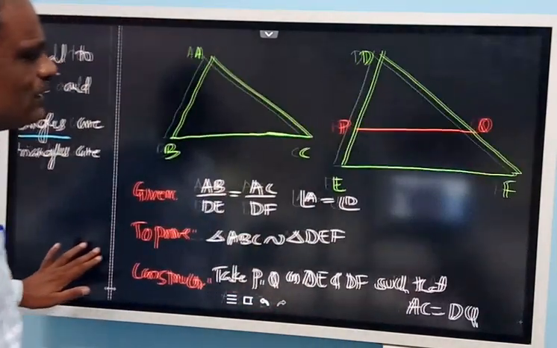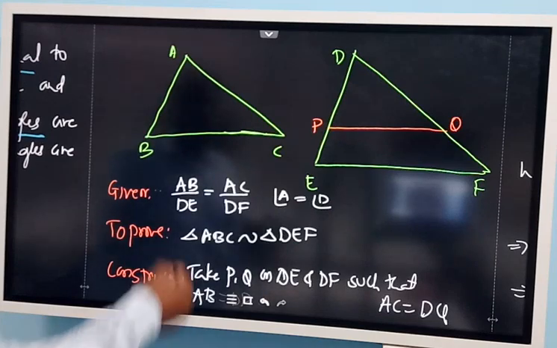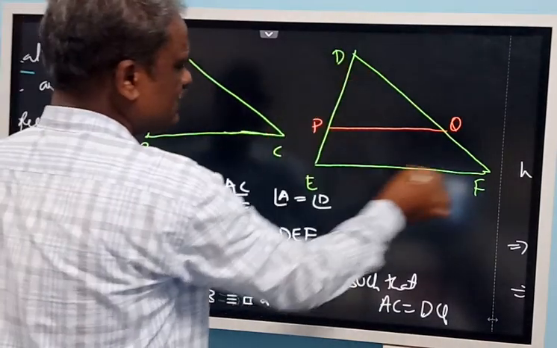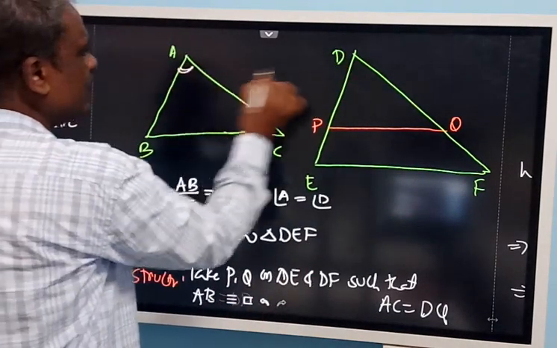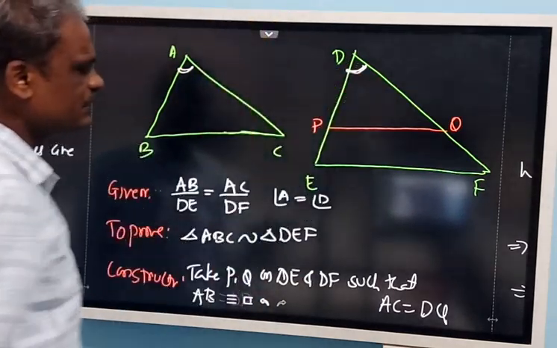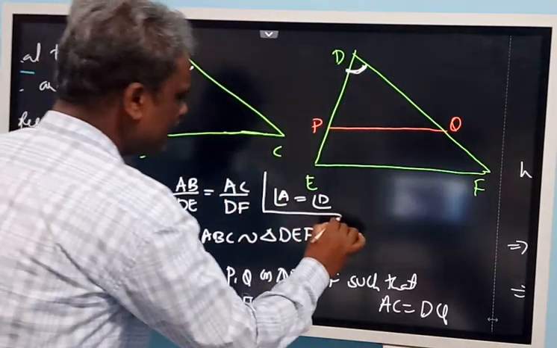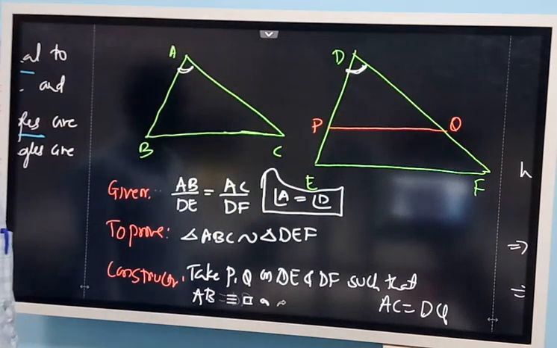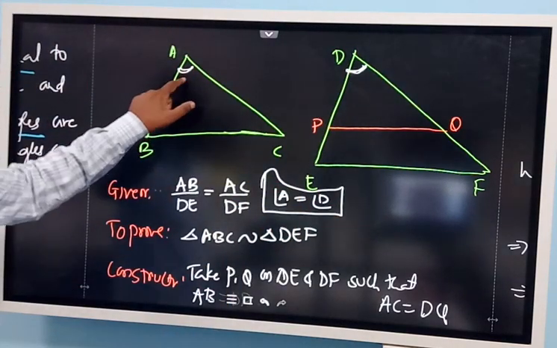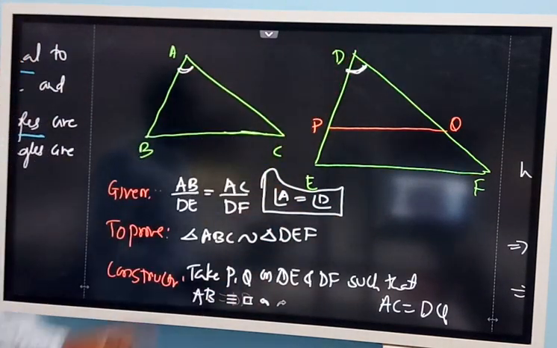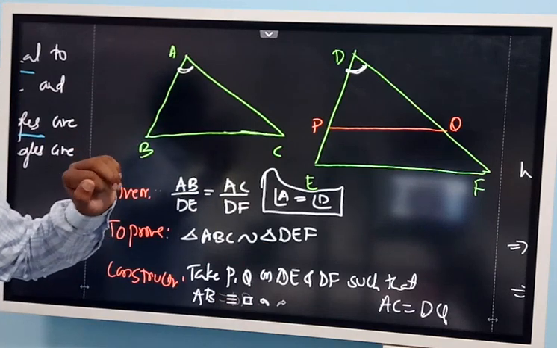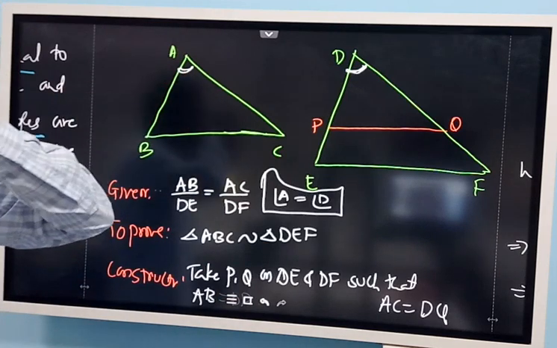Now look at this. I have taken two triangles. One is ABC, another one is DEF, in which I have taken angle A equal to angle D. One angle of one triangle equal to one angle of another triangle. Which are the included sides of this angle?